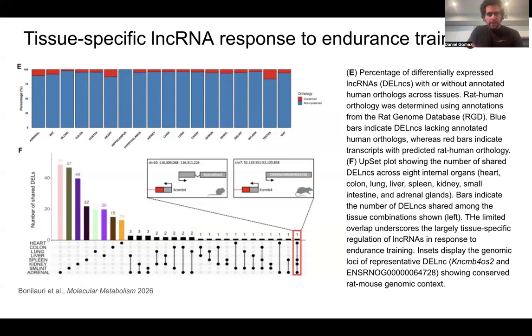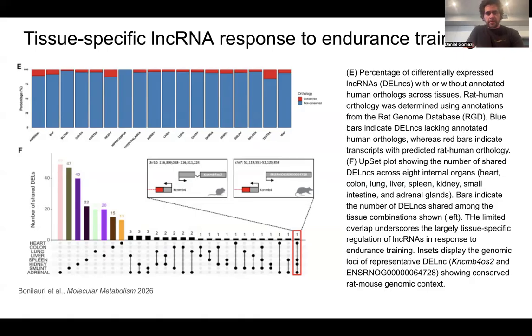And then we can see chromosome 10 and chromosome 7 coordinates. So we have Kcnmb4 as well as an alternative splice variant, Kcnmb4os2, where we can see alternative splicing reading from the left to the right, as well as the Ensembl gene on chromosome 7 reading to the right.